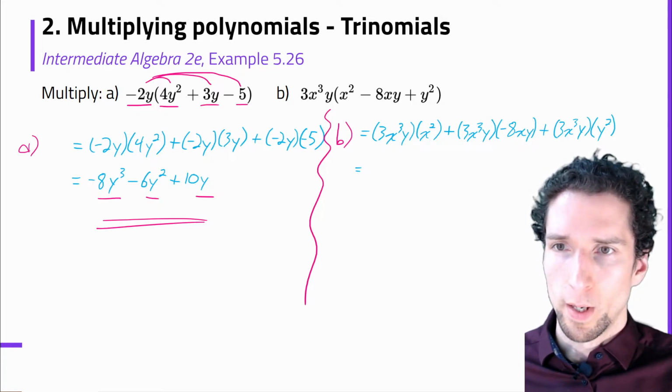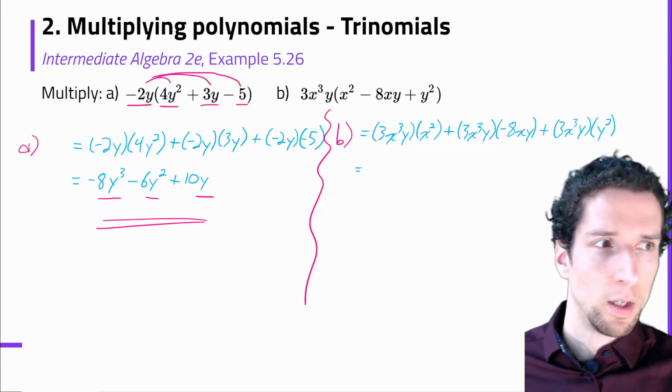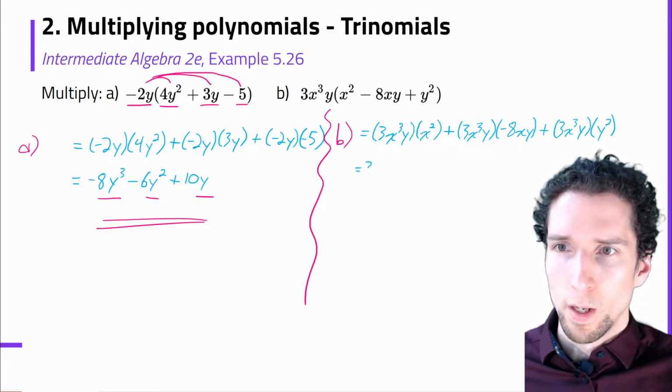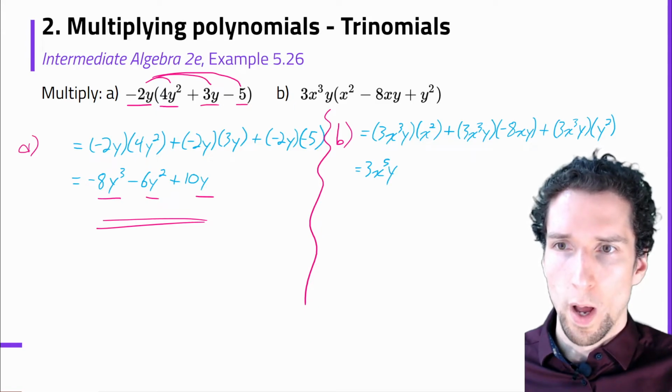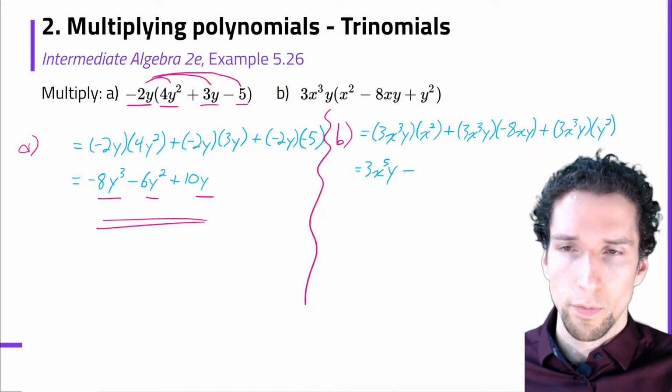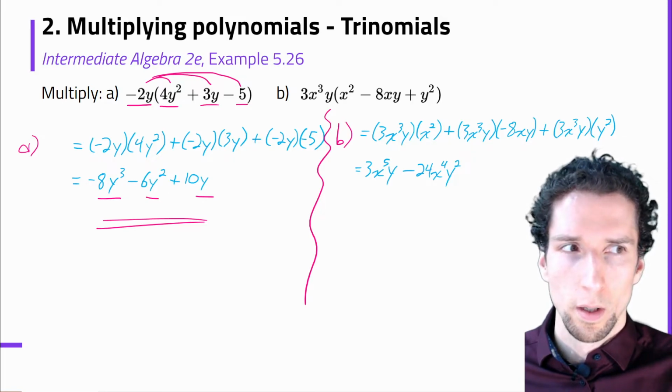Okay, so then actually multiply all these things together. 3 and x cubed times x squared, that'll be x to the exponent 5 and just y. Plus the next one, not plus actually, that will be negative. So positive 3, negative 8, so minus 24 x to the exponent 4 and y squared.